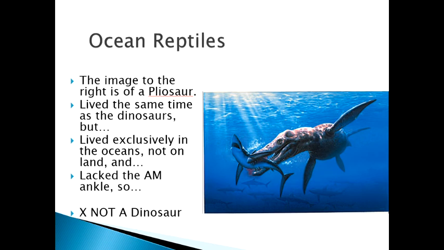The first, right off the bat, are any of these large ocean reptiles that you see in movies and TV and things like that. The picture there is a big pliosaur. It certainly lived at the same time as dinosaurs, was a huge ferocious beast, and there's lots of these different ocean reptiles, but they don't have the AM ankle, and so they are not dinosaurs.